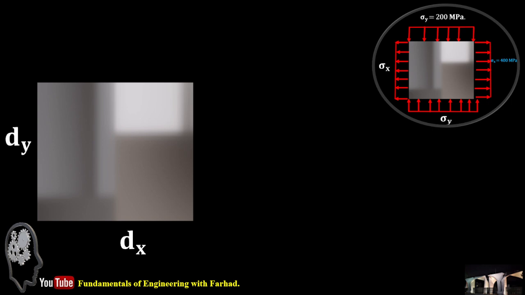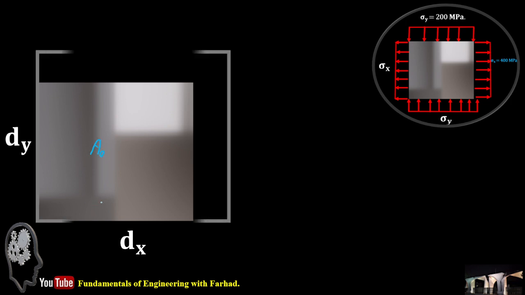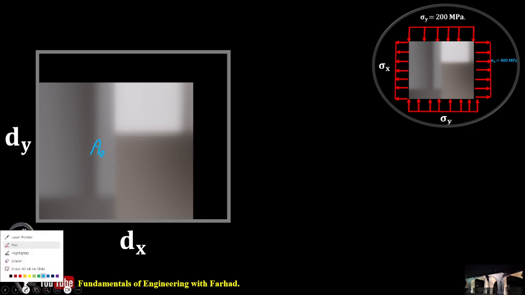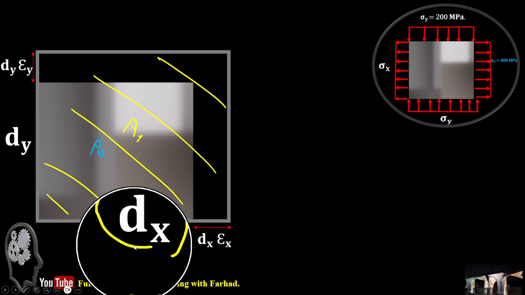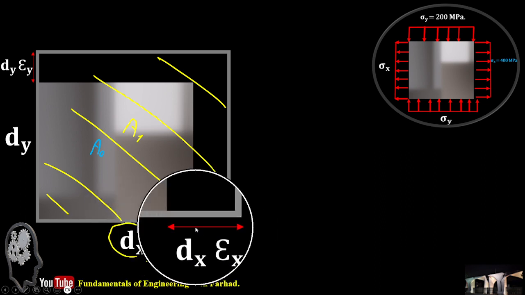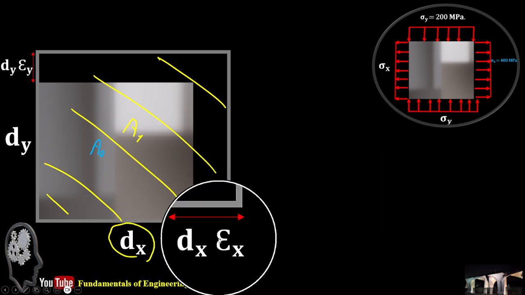So if we consider our original area, A naught, which is dx times dy, after deformation it gives us a new, bigger square. If the x dimension was dx, it changes to dx times epsilon x.